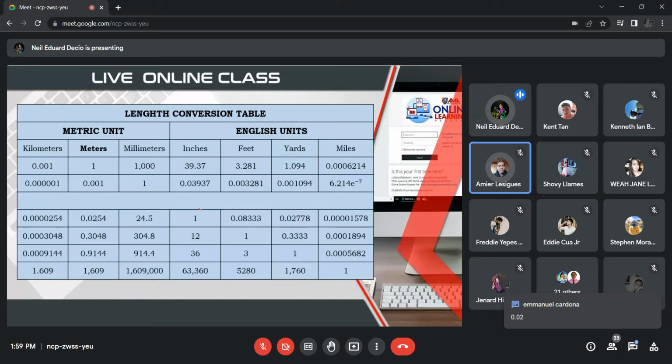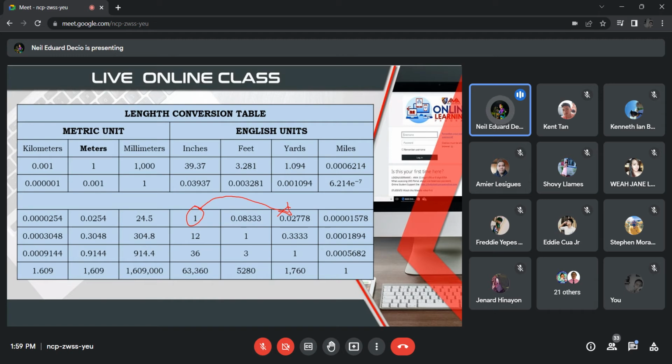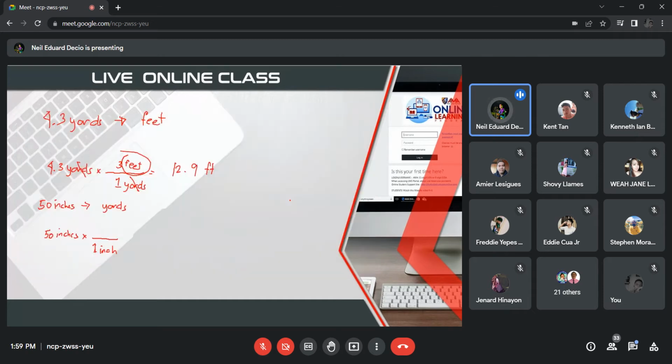1 inch according to this table is yan. 0.02778. 77 lang, hindi 777. No? Sige, we'll write that here.